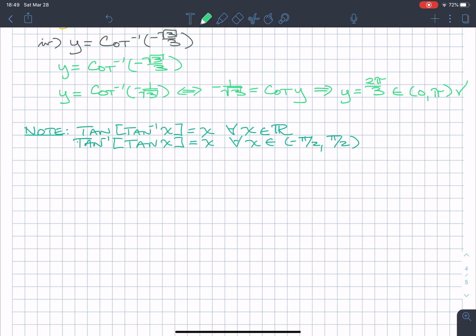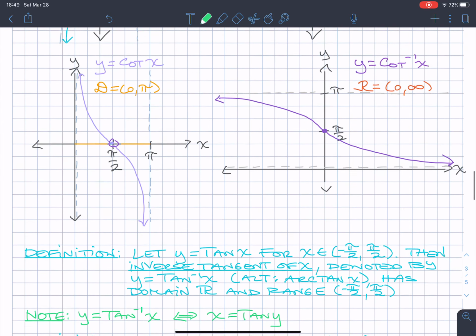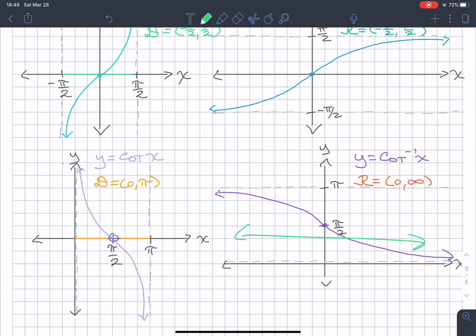Okay, so similarly, if I evaluate cotangent of cotangent inverse of x, well, that's x for all values of x, since the inverse function for cotangent is valid for all real numbers.